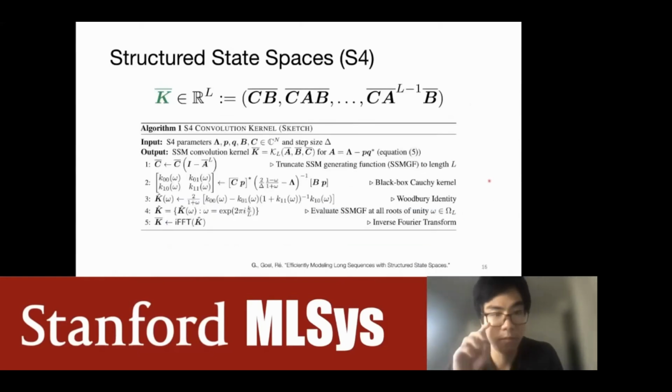Here's a very high-level sketch of the most recent algorithm we introduced, which is the one we use for the structured state space model. Basically, this allows you to reduce several polynomial factors in the runtime, and this makes it about as efficient as possible for a generic sequence model.